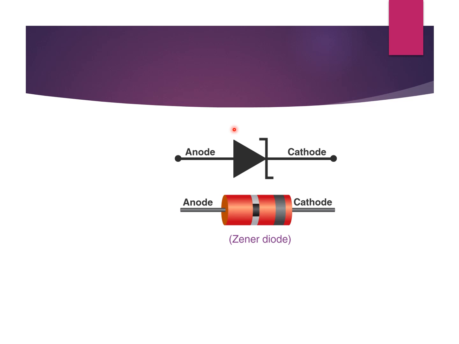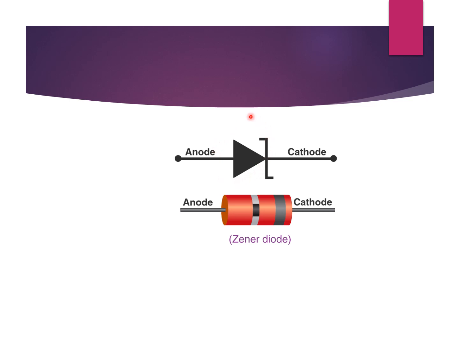Under normal condition, that is under forward bias, when your anode is connected to the positive terminal and cathode is connected to the negative terminal of your external supply, your Zener diode will also act as a normal PN junction diode.